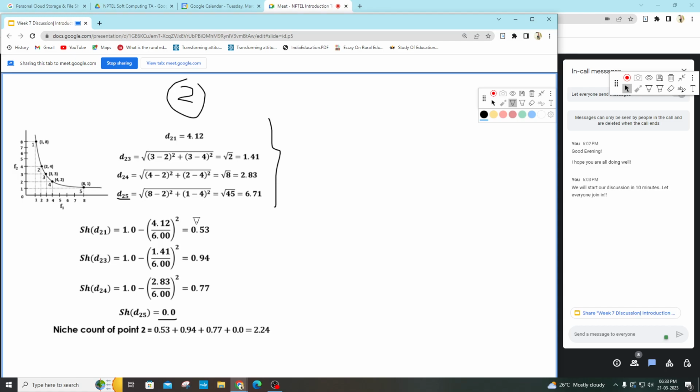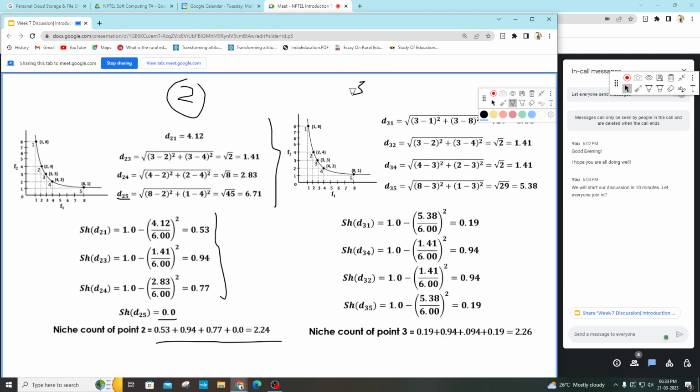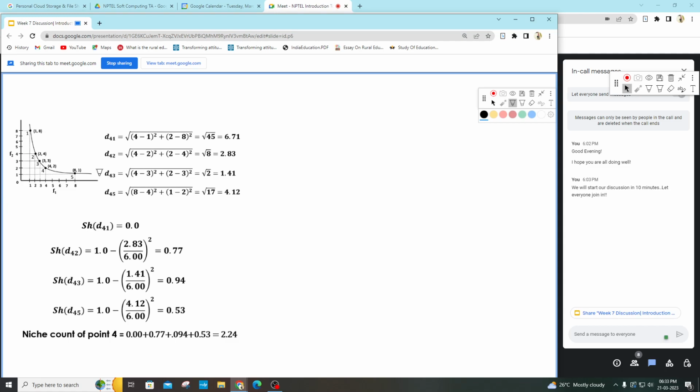For the other points, D21, D23 and D24, you will find the sharing function values, and the niche count is the summation of these for all the points. When you add them together you get the niche count of point 2. Similarly you will do this for point 3: find D31, D32, D34, D35, and find the niche count for point 3. Similarly you will find the niche count for point 4.